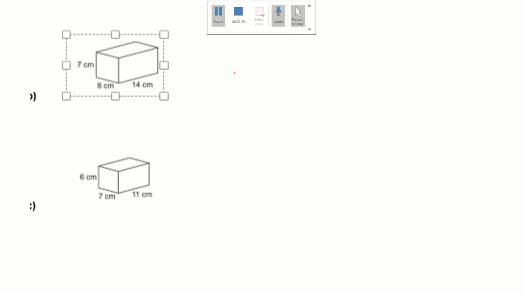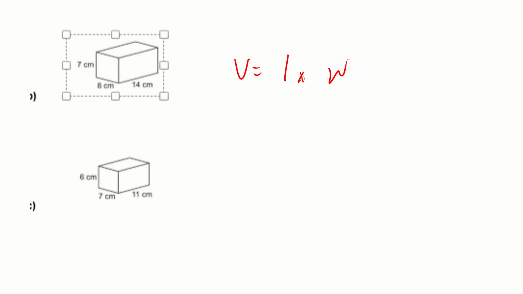So let's do a couple of practice ones. Volume equals, let's do the length times width times height here first. So I'm going to go volume equals, and the length is right here, so 14 times 8. This is the width, sorry, and then this is the height, times 7.